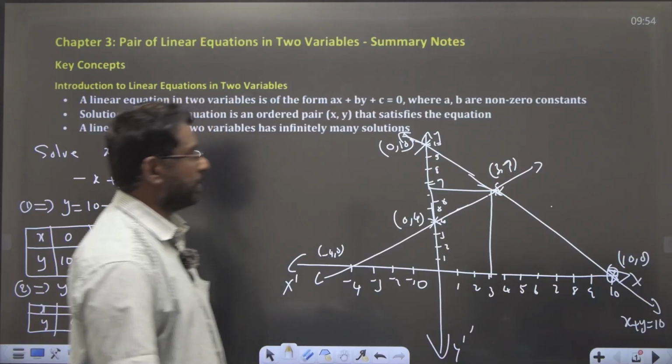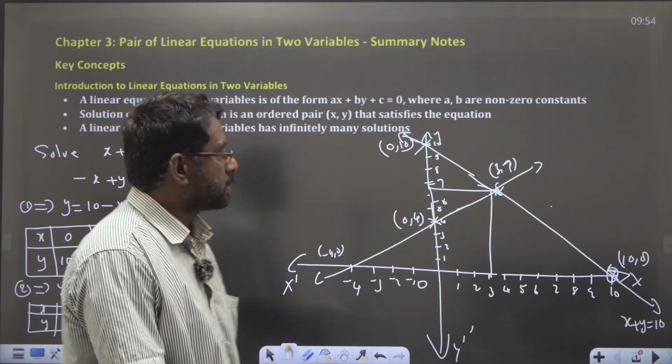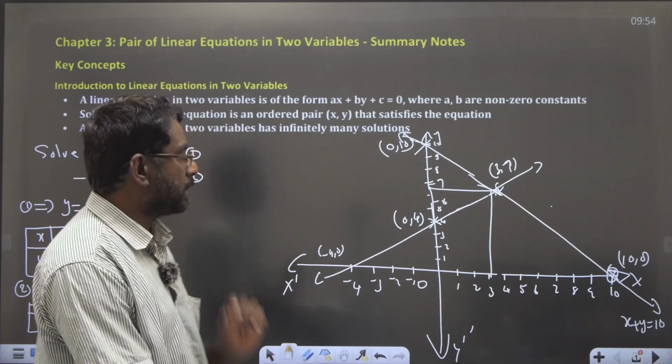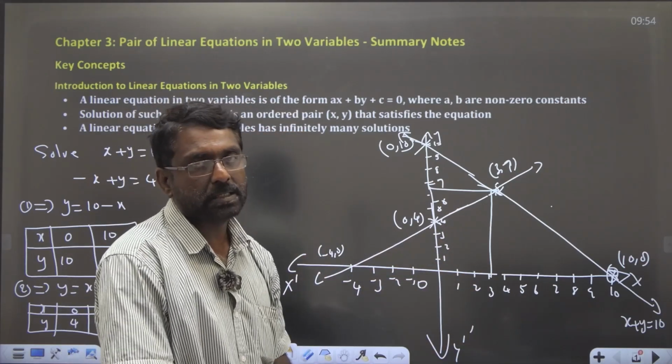This is the method of graphs. So we will discuss this type of questions later using graph paper. If we use a graph paper, you will get the correct solution of x and y.